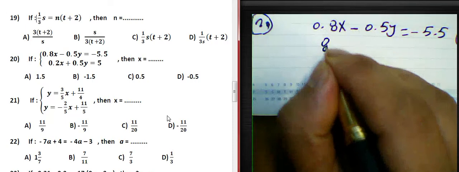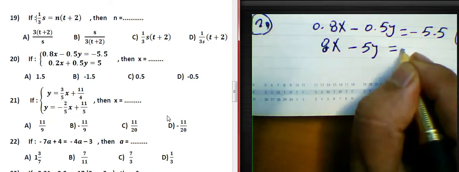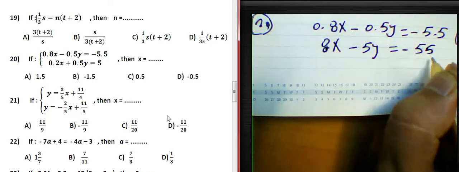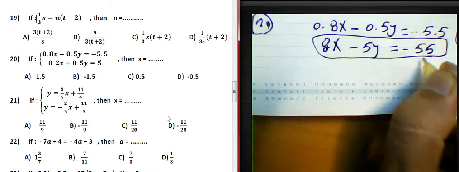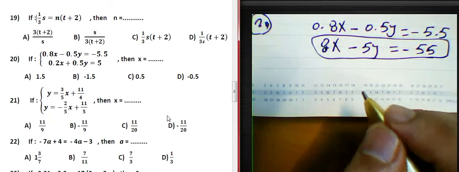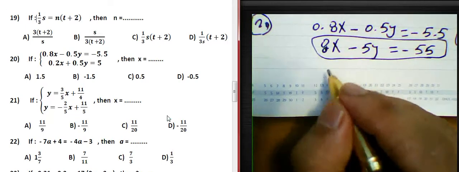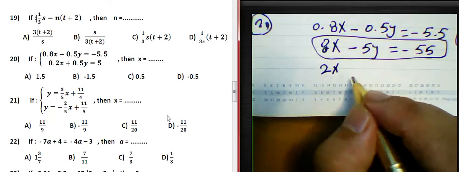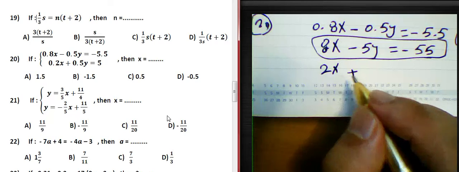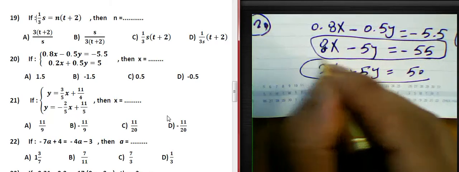So the result will be 8x subtract 5y equals negative 55. It's the first equation. And the second equation, we also multiply by 10: 0.2 multiply 10 equals 2, so 2x plus 0.5y multiply 10 equals 5y equals 50. It's the second equation.